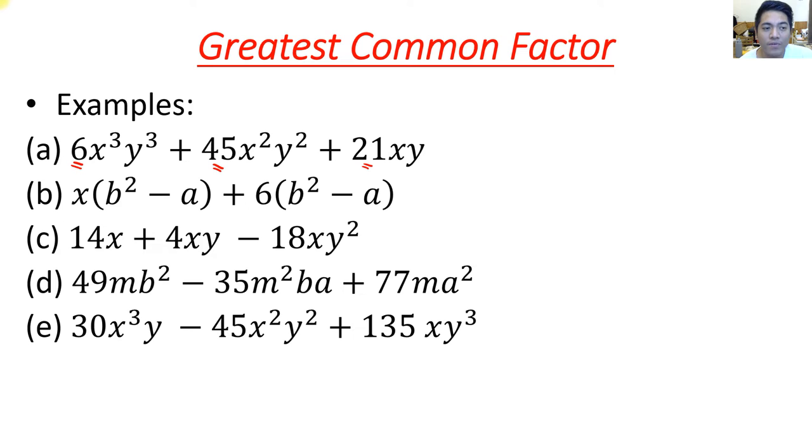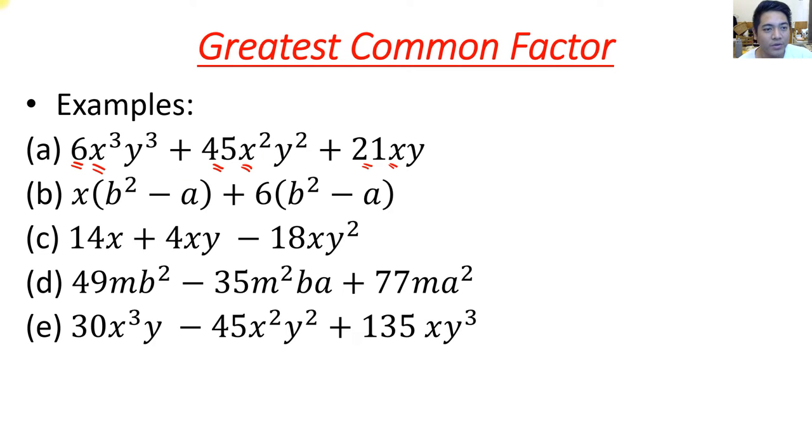So that's the greatest common factor when it comes to the coefficients. Next, we have x cubed, x squared, and x. The greatest common factor is that they all have x.